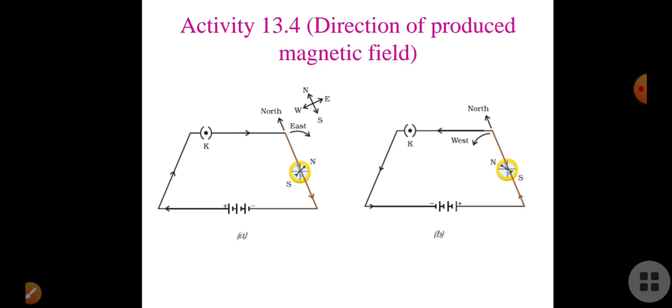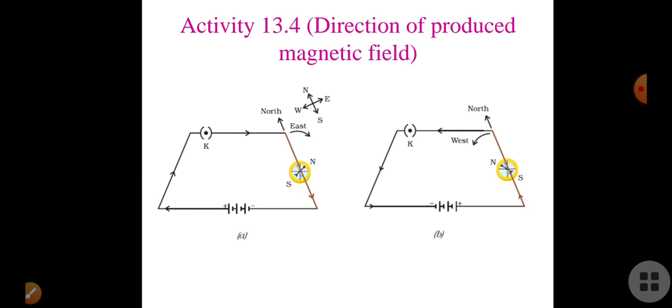Now again we change the polarity of the battery. The direction of current is changed as we change the polarity of the battery. Now current is moving from south to north. And now we can easily see the deflection in this needle is towards west.